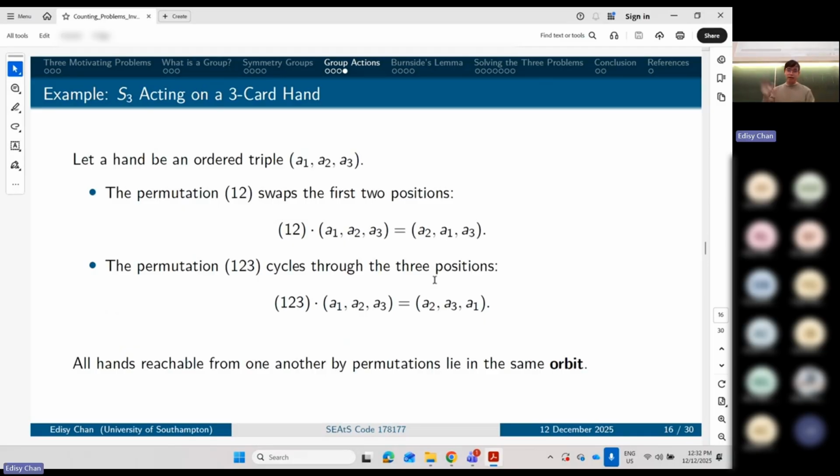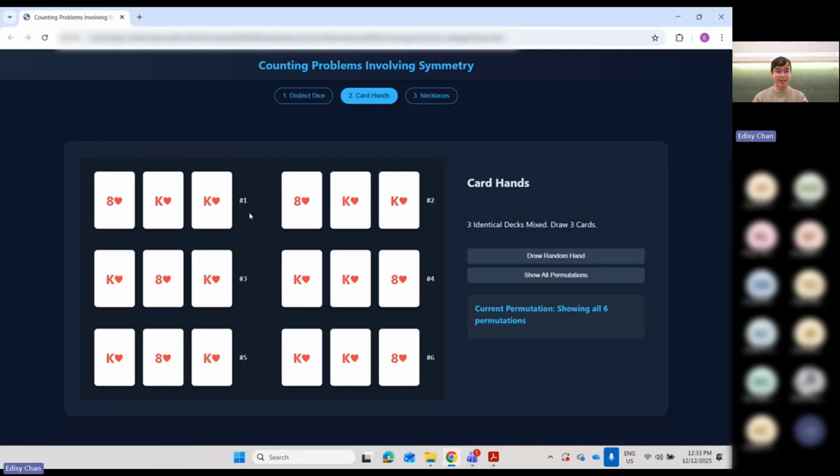Now here are some more notations about permutations. (1 2) means we swap the first 2 positions. (1 2 3) is just what I mentioned: we do 1 to 2, 2 to 3, 3 to 1. If we are considering the hands, we can get from one hand to another by permutation, which I have already shown you many times.